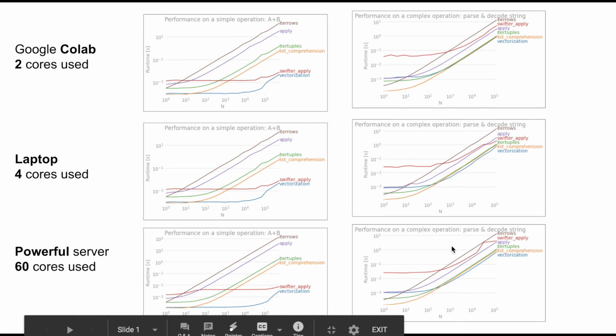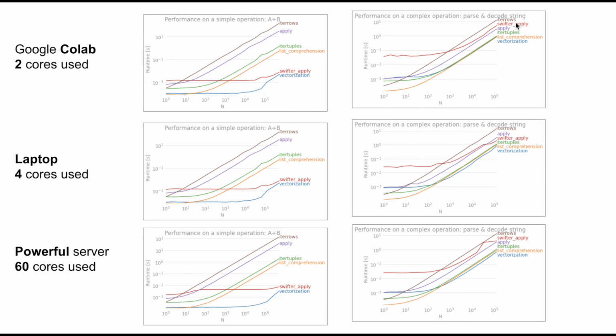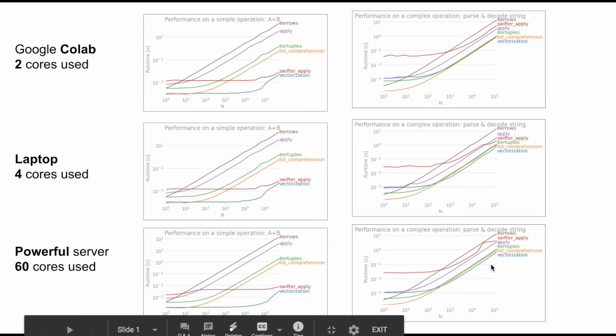I expected Swifter apply to be faster on a complex operation, especially on a multi-core server, but I found out that Swifter apply is pretty slow when the DataFrame contains strings, and you can read about it more on the internet. So if the case is a bit different, not related to strings, but some other heavy operation, then hopefully Swifter apply will be faster than vectorization. In my practice, I saw such examples. But for pure arithmetic operations or similar simple operations, vectorization is the fastest option.